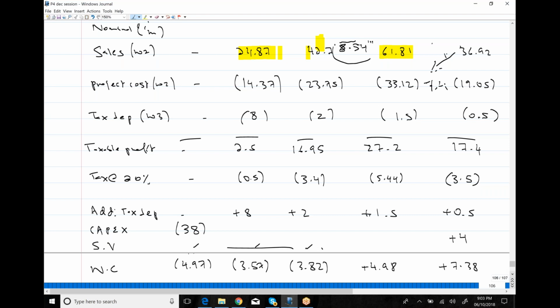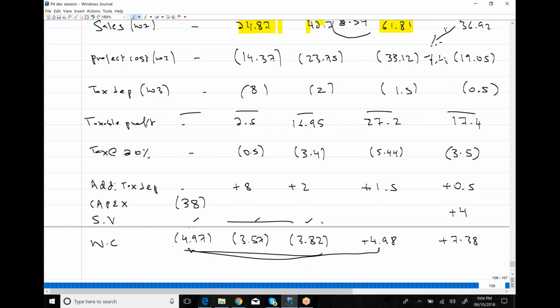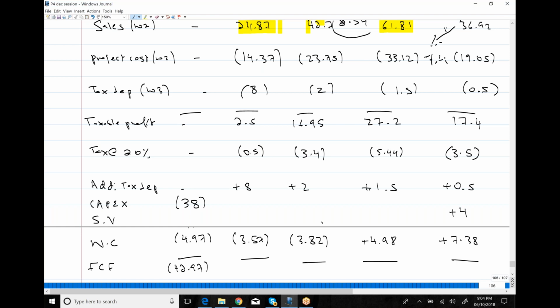All these things will be netted. You have to net them off. So you will net them off. That will give you your free cash flows. This will be 42.97.